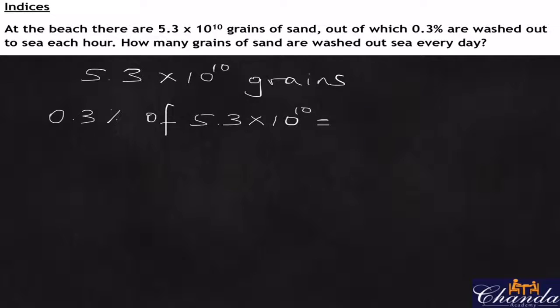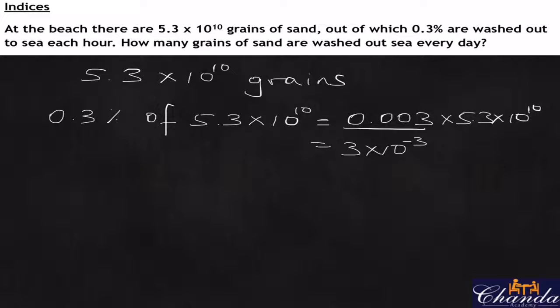So we have 0.3%, which is the same as 0.003 times 5.3 times 10 to the power of 10. Now, 0.003 is simply 3 times 10 to the power of negative 3, as we know, times 5.3 times 10 to the power of 10.